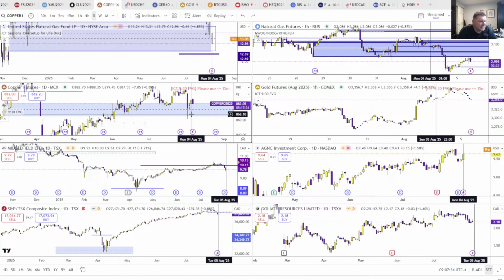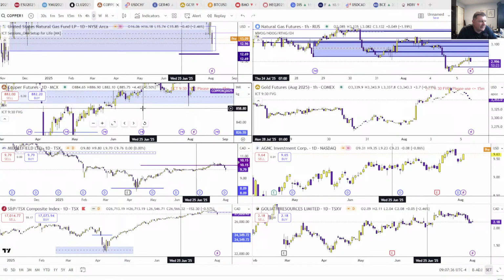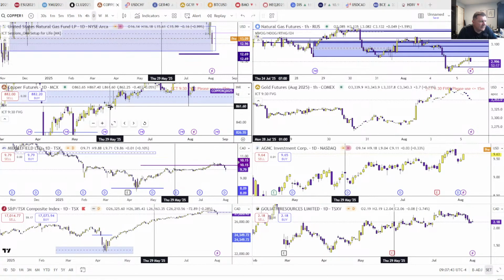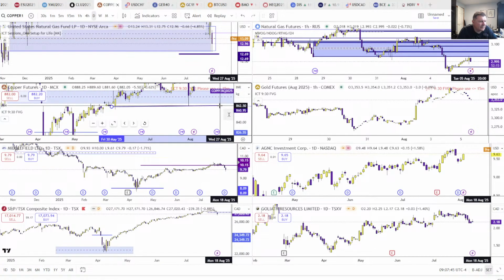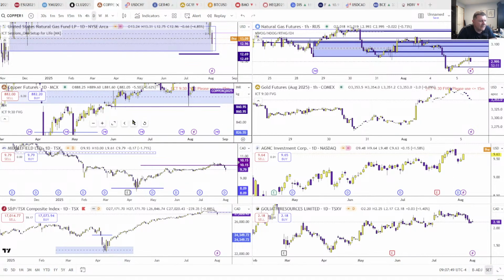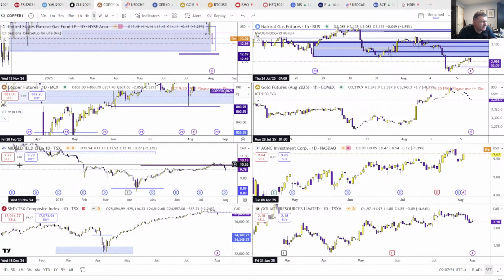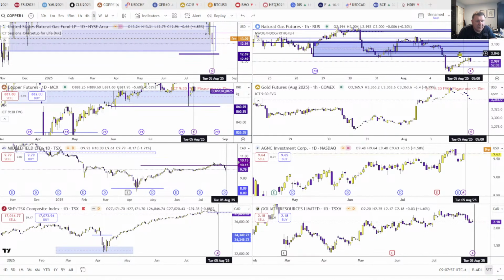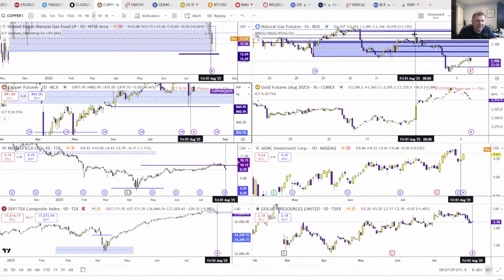So I want to see copper come lower now. Take out that low. Not that you guys are trading copper and all that. Look there. Natural gas is going to get above here and then take that high.